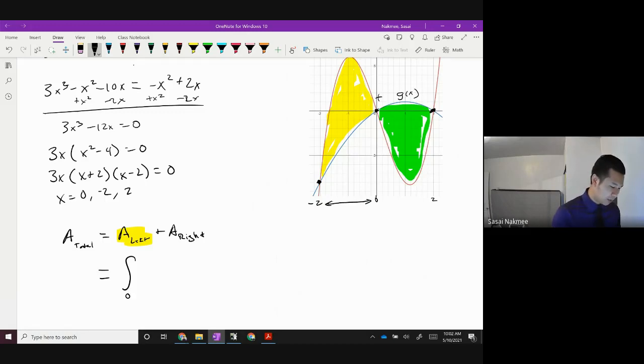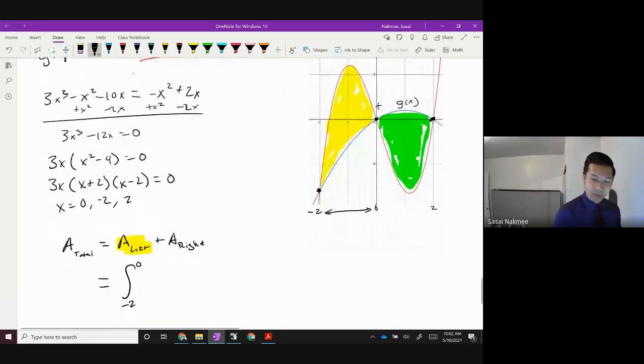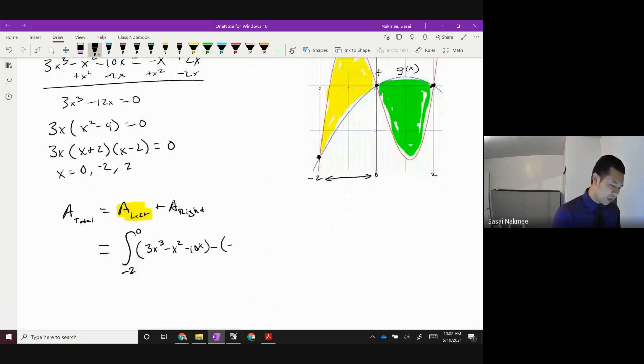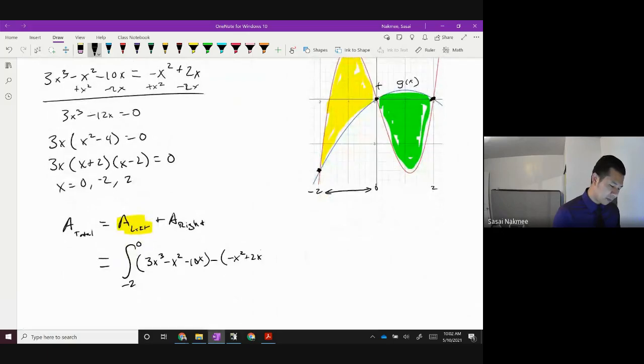On the left side, the top function is f of x, which is 3x cubed minus x squared minus 10x. That is going to be subtracted from g of x, which is -x squared plus 2x. This whole thing, dx.